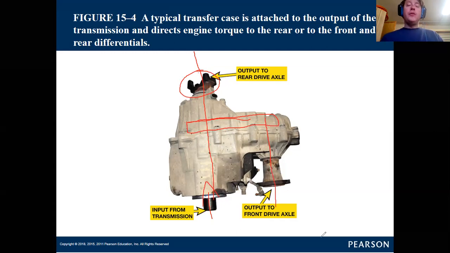Most manufacturers are using aluminum cases and chain componentry internally inside their transfer cases. In the past, if we go back 40, 50 years, up until probably the 1980s or so, a lot of these transfer cases were cast iron and had actual gears inside them.